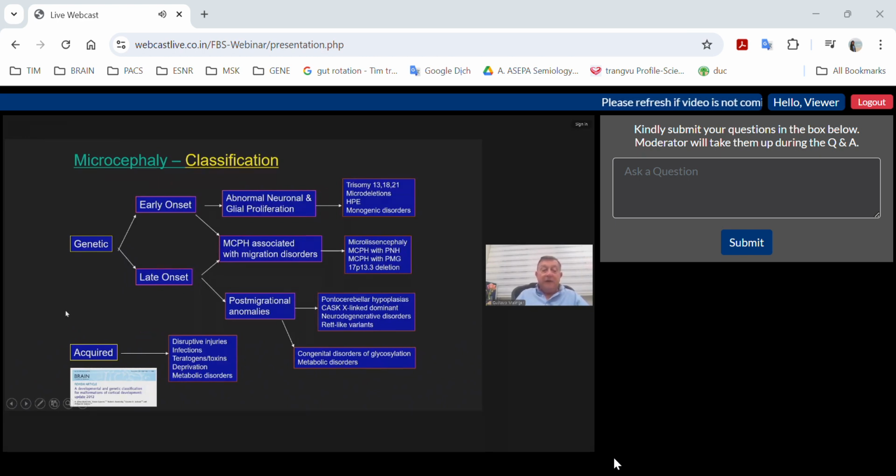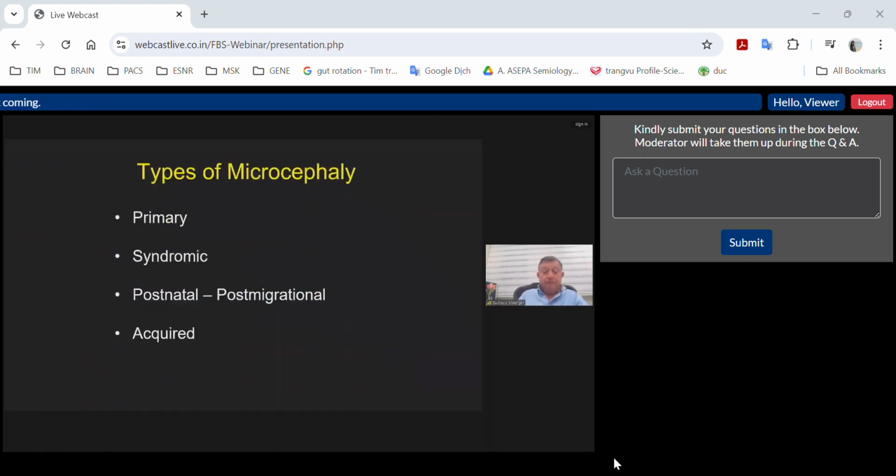We need to remember that in many cases microcephaly can be acquired. We have now the example of the Zika virus, but also we have acquired infective microcephaly due to CMV. Different types of microcephaly, we can call them primary or syndromic, postnatal, post-migrational, or acquired.